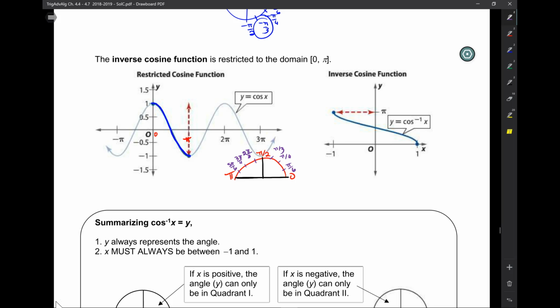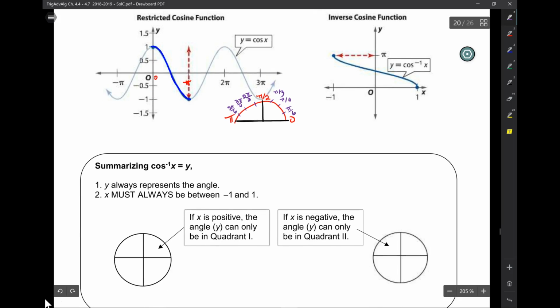So now, my solutions to inverse cosine are going to be one of those 9. Again, it's going to look like this: inverse cosine of x equals y.